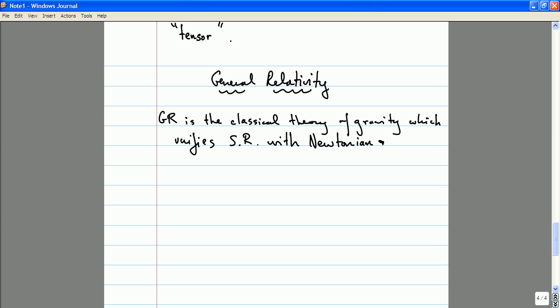Now, we have seen a great deal about special relativity in this course, and so let me just remind you of a few features of Newton's theory of gravity.